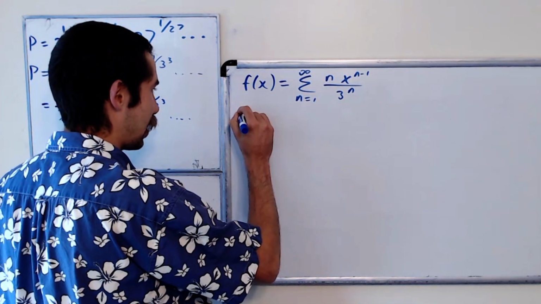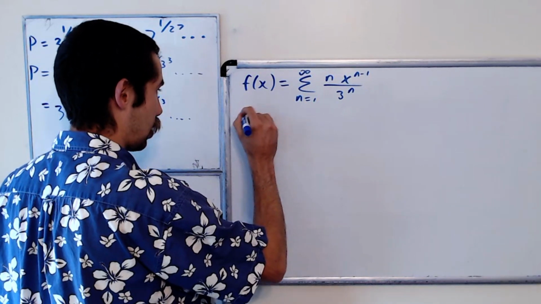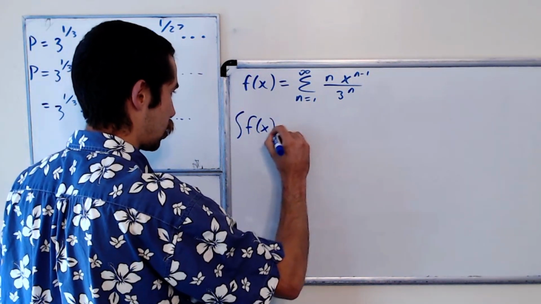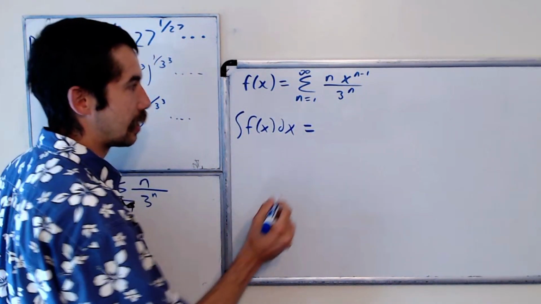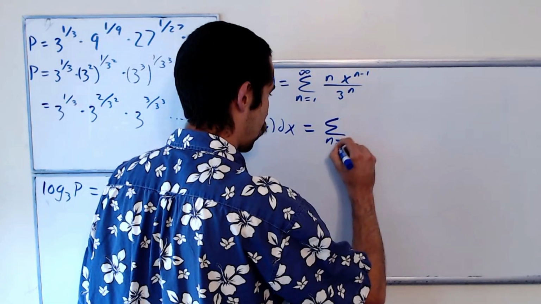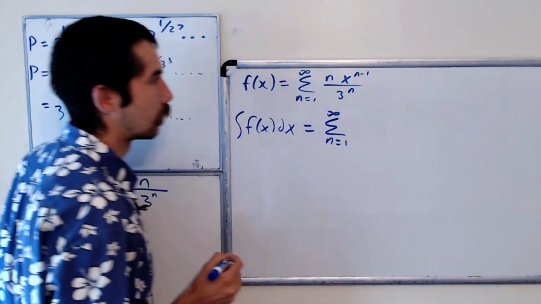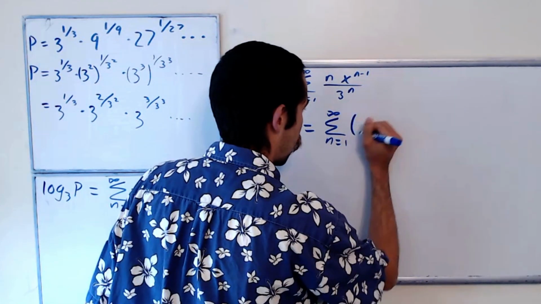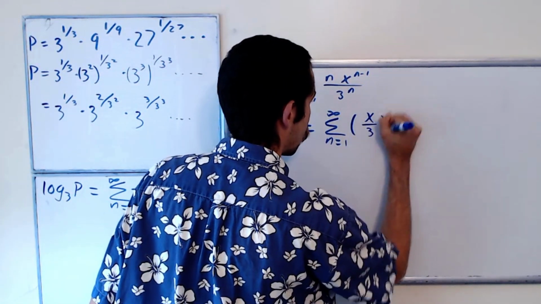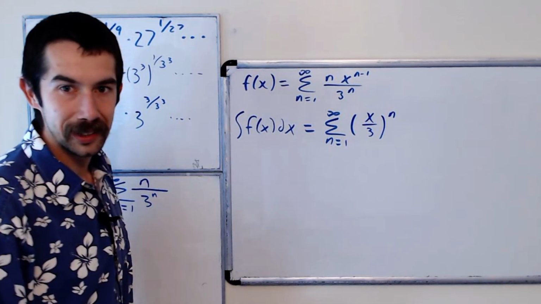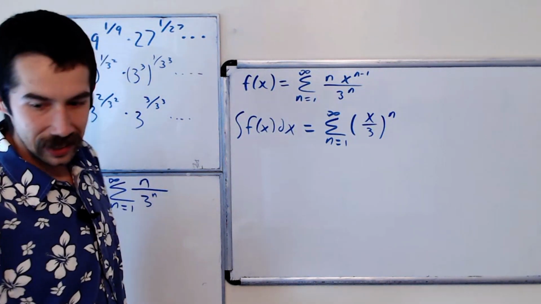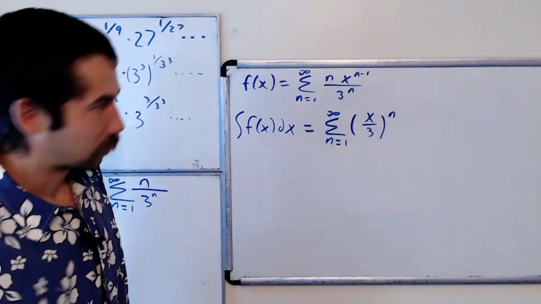It's not hard to see that the integral of this function is equal to the sum from n equals 1 to infinity of x over 3 to the n power, right? And this, I guess, plus c.